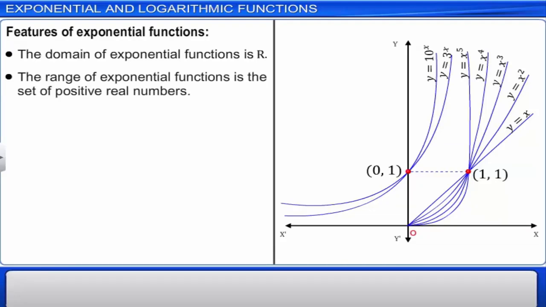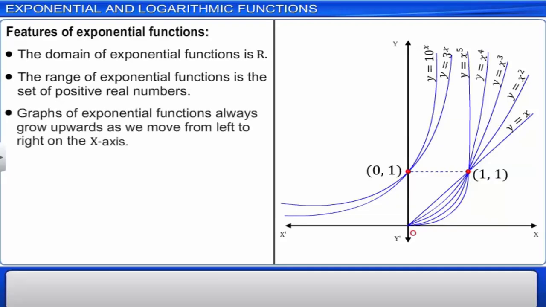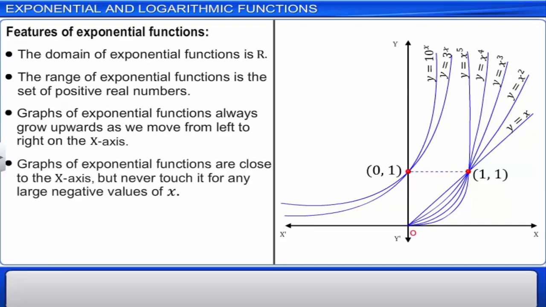Graphs of exponential functions are close to the x-axis, but never touch it for any large negative values of x. Point (0, 1) is always on the graph of any exponential function. This is because b⁰ is always 1 for any real number b greater than 1.